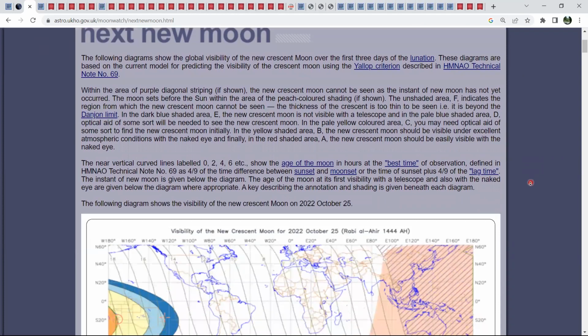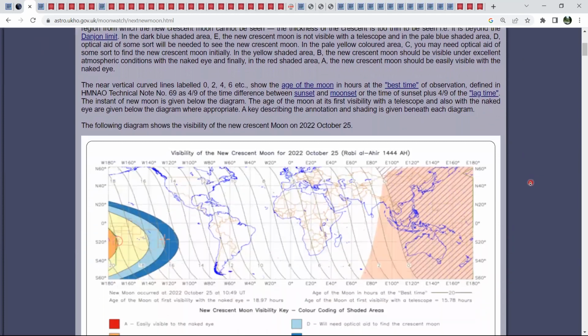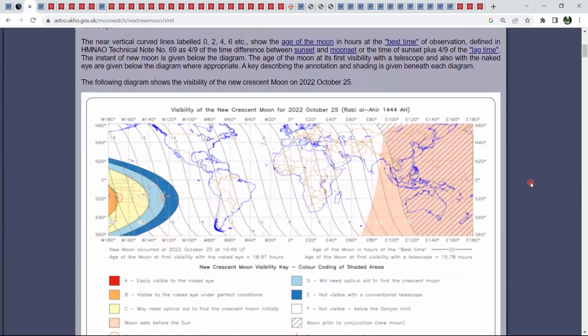We find that those diagrams are helpful for the visibility of the new moon crescent that we study as we prepare those calendars. The one we are using is October 25th, 2022, which at the time of preparation of this video has not occurred yet.